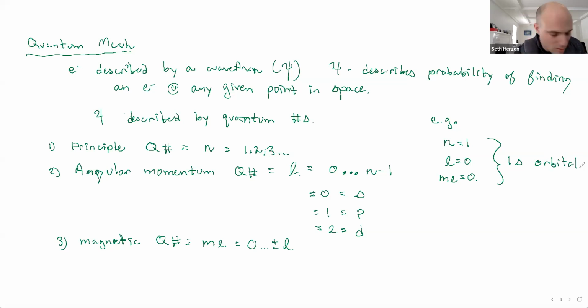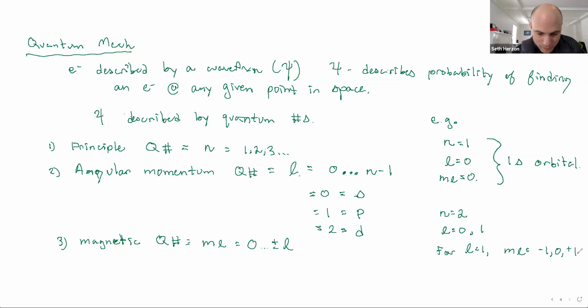Now if I go to the principal quantum number of 2, n equals 2, I can have two values of L. So L can go from 0 to 1. For L equals 0, M sub L still equals 0. For L equals 1, M sub L equals minus 1, 0, plus 1.